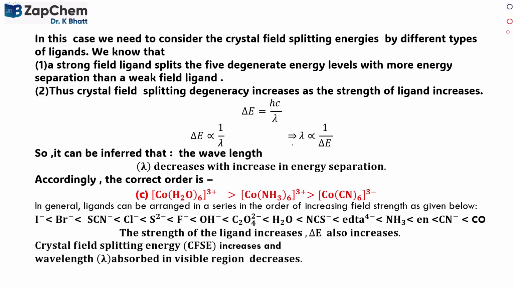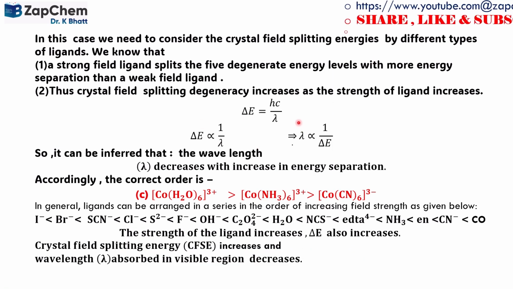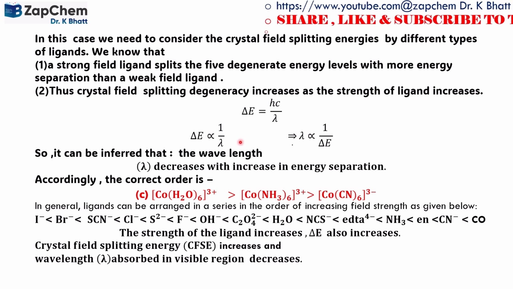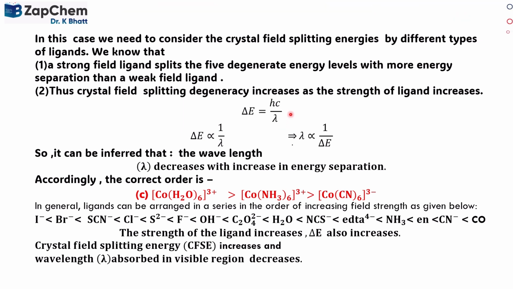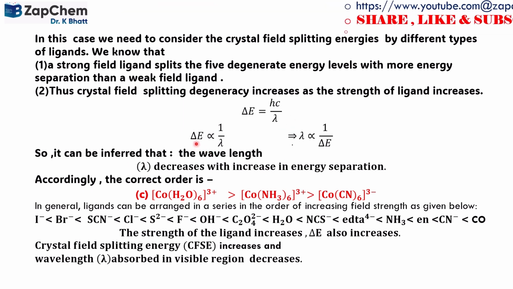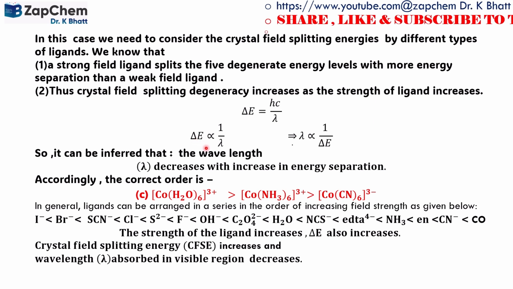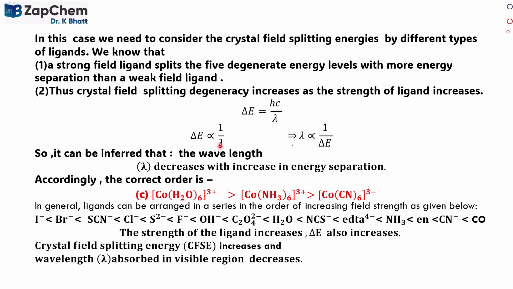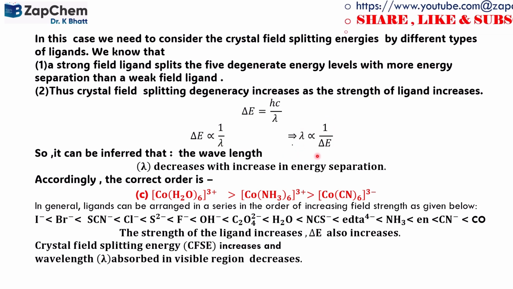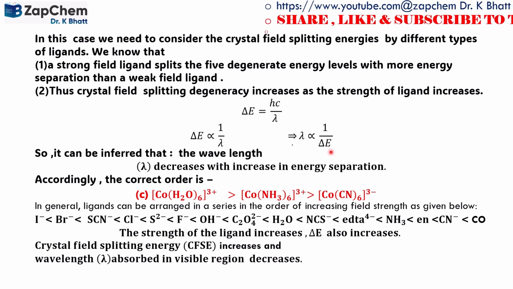And here are certain details which would help you a lot regarding the crystal field splitting. As I have already mentioned, delta E is equal to hc upon lambda, or you can say delta E, that is the energy given out, is inversely proportional to lambda, the wavelength, or lambda is inversely proportional to the energy released.